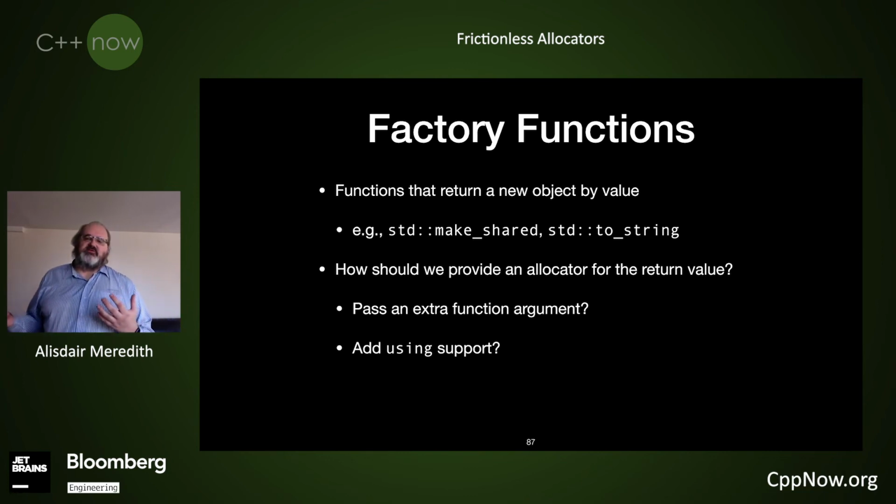These are functions that return a new object by value, something like std::make_shared or std::to_string. If we've got a factory function in the allocator-aware world, we're going to want to say what allocator the result of that function should use, but we don't get to see the actual code that does that initialization to return that value to us. So what should our ideal syntax be here?